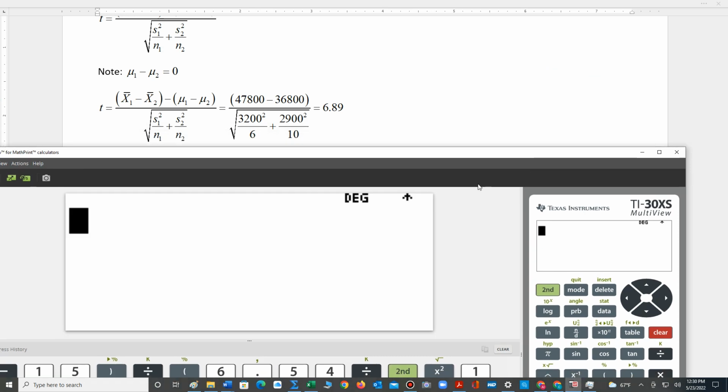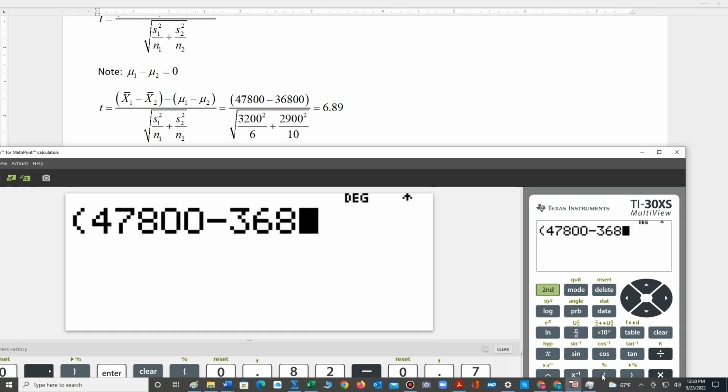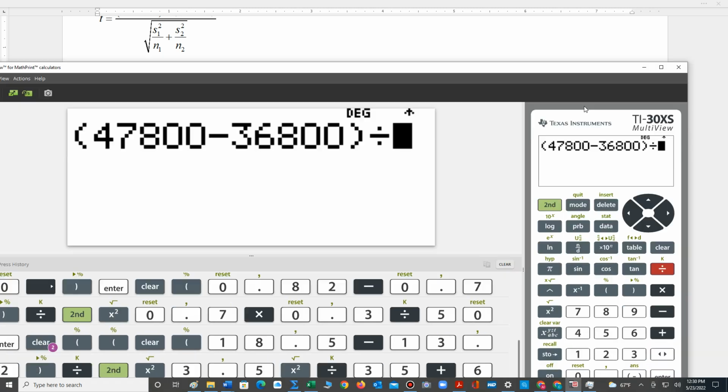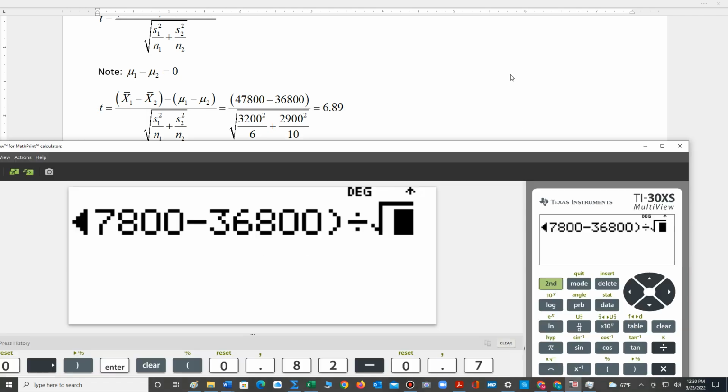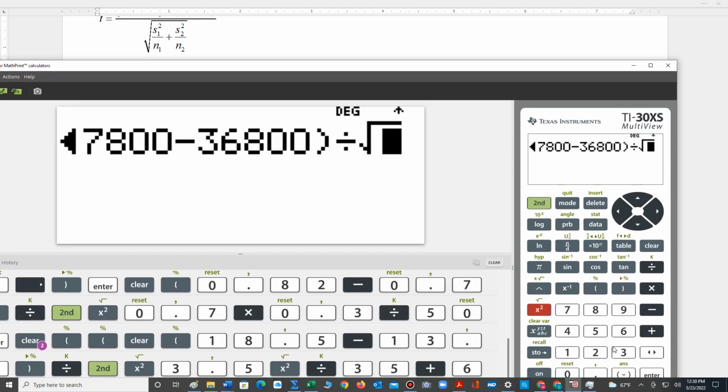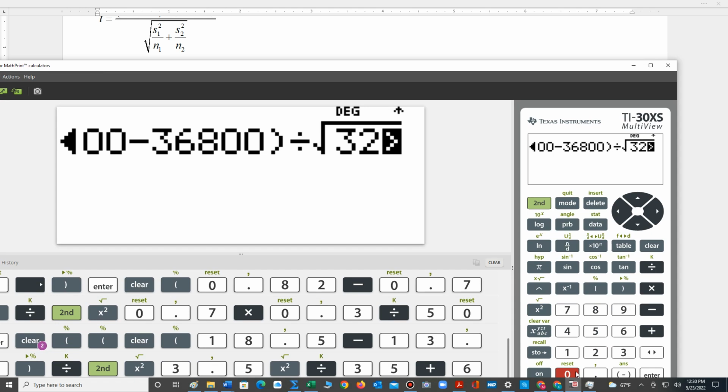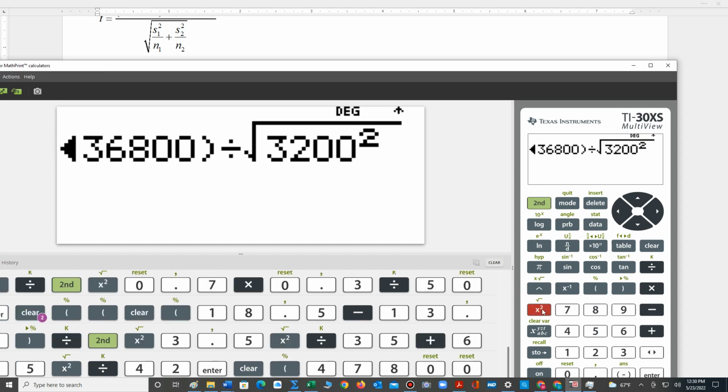So in the calculator, we begin with the numerator. That's 47,800 minus 36,800, divided by, we type in square root. We have 3,200 squared.